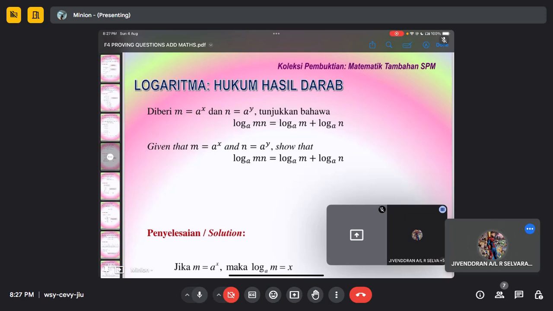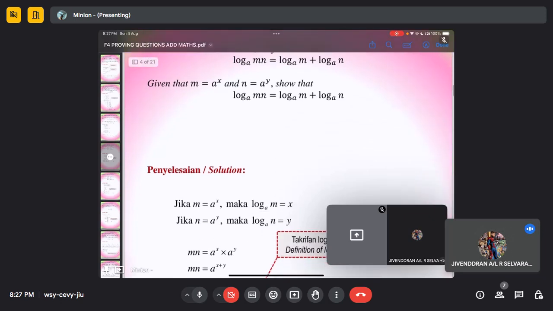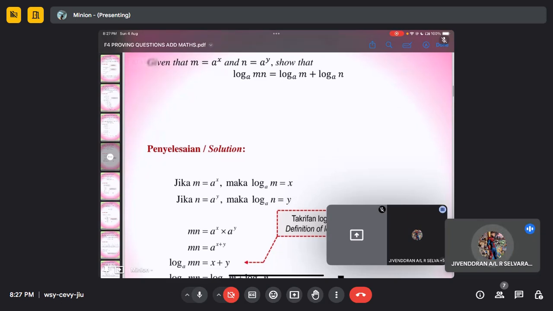log a m will equal x, because, Kritika, can you scroll down? Okay, log a m equals x, because if you add in log to both sides, then the power x will come in front, then log a will get cancelled.